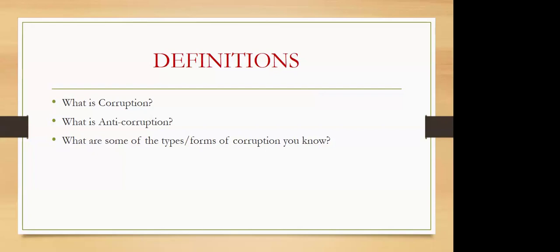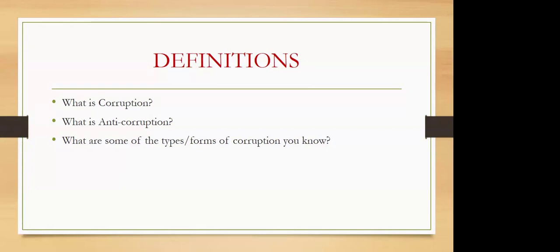Yes, that's good. So we have moved on to the next slide, which brings us to the very definitions of our topic of discussion. What is corruption? Is there anyone who can define it for us? Anyone? You raise your hand and Isaac is going to allow you to unmute. Then you define for us corruption.